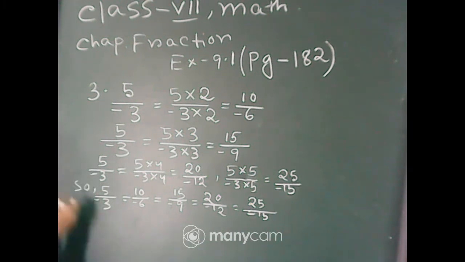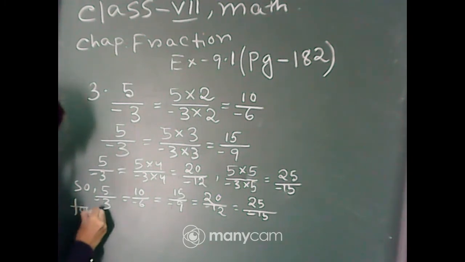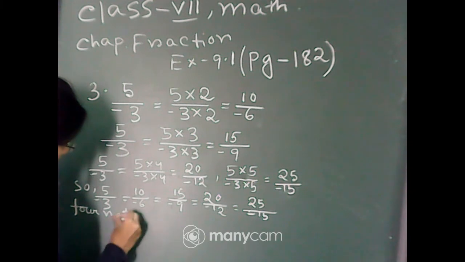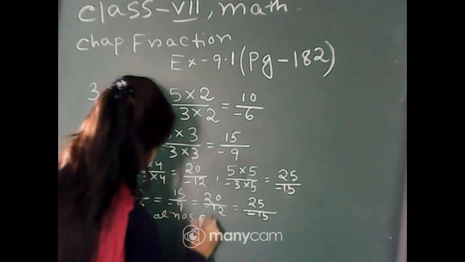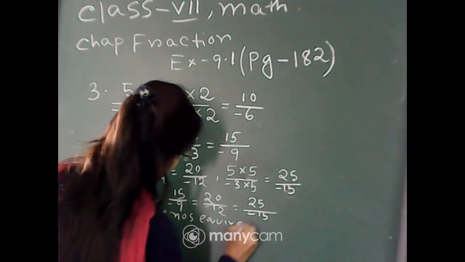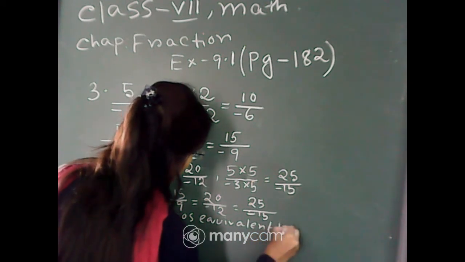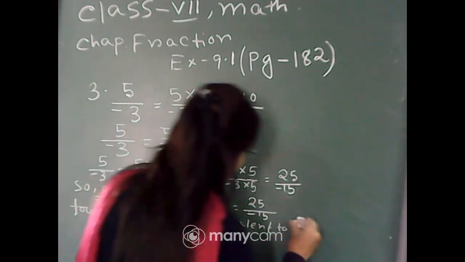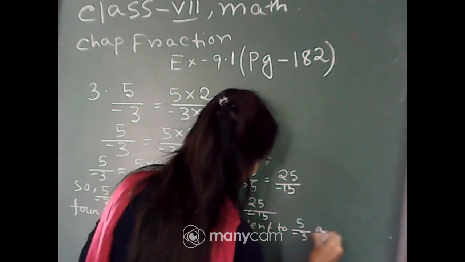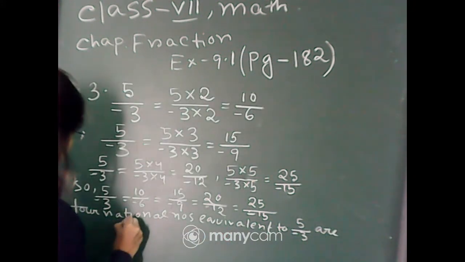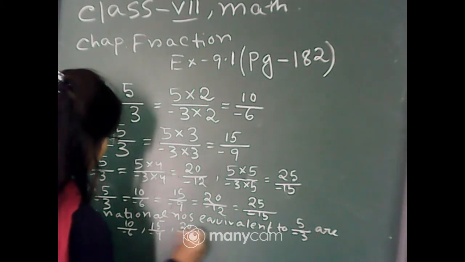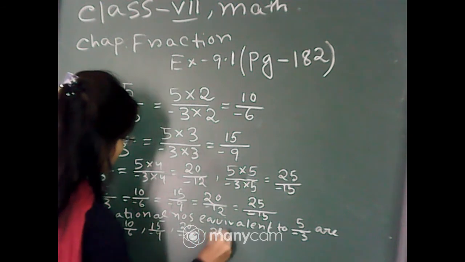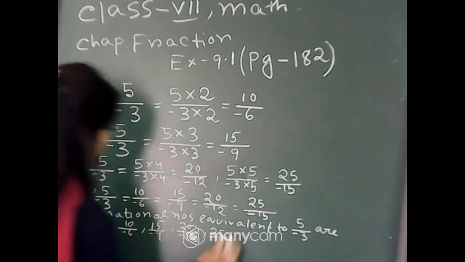So, the 4 rational numbers equivalent to 5 divided by minus 3 are 10 divided by minus 6, 15 divided by minus 9, 20 divided by minus 12, and 25 divided by minus 15. Clear?